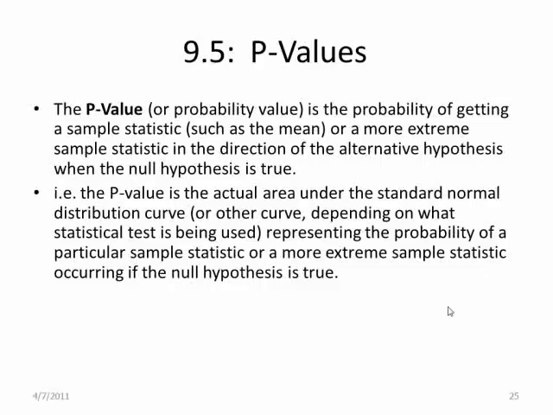The p-value method then is another way of performing the hypothesis test, and p-value stands for probability value. The idea of the p-value, or what a p-value is, is the probability of seeing a sample statistic, such as the mean, or more extreme in the direction of the alternative hypothesis.